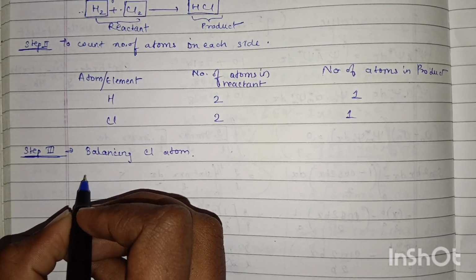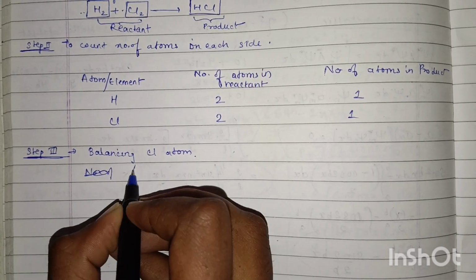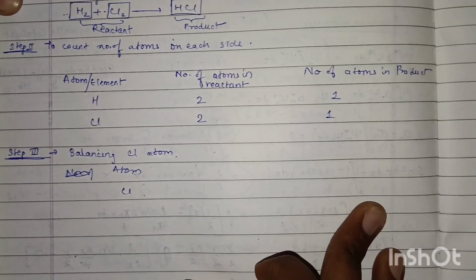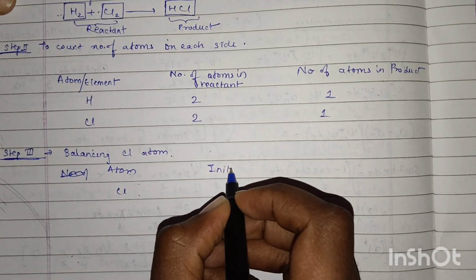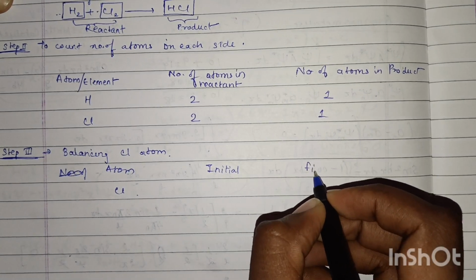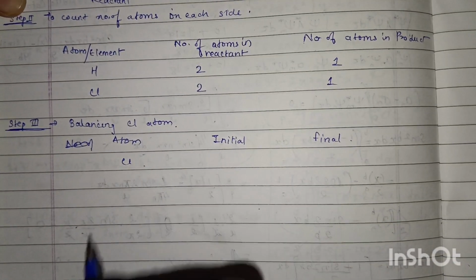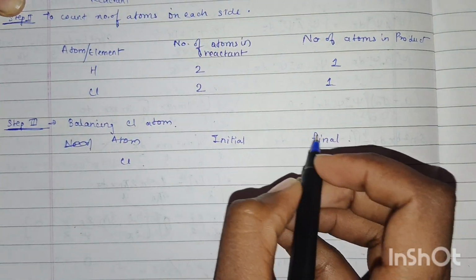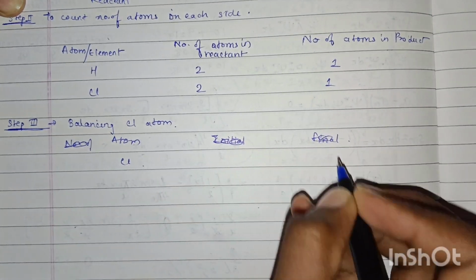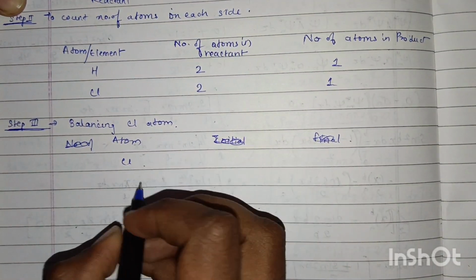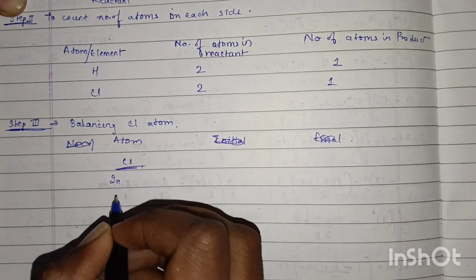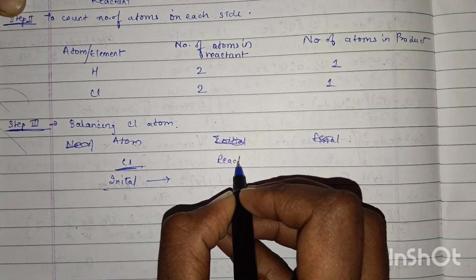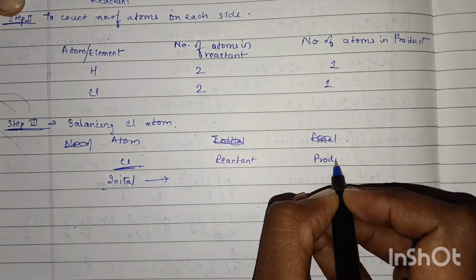For the chlorine atom, we make a table with initial and final numbers in reactant and product.